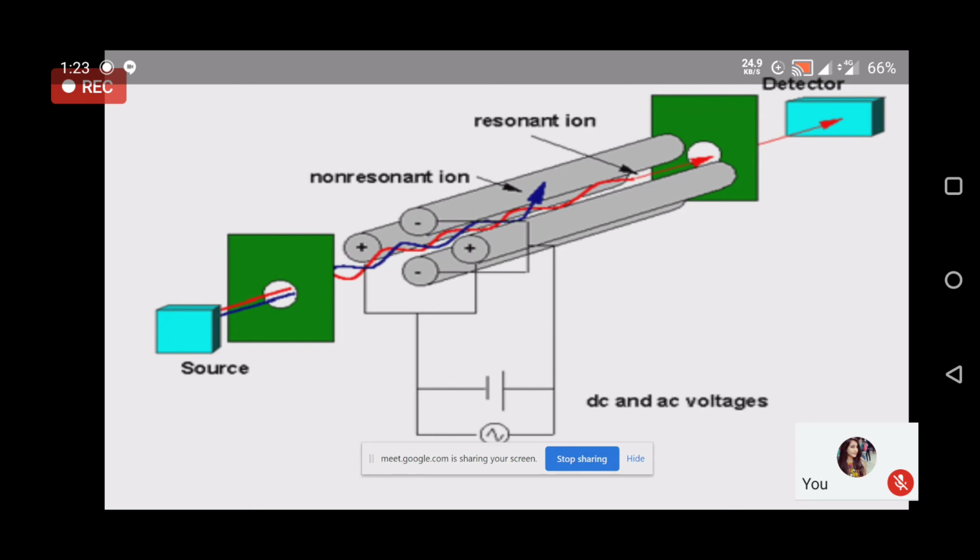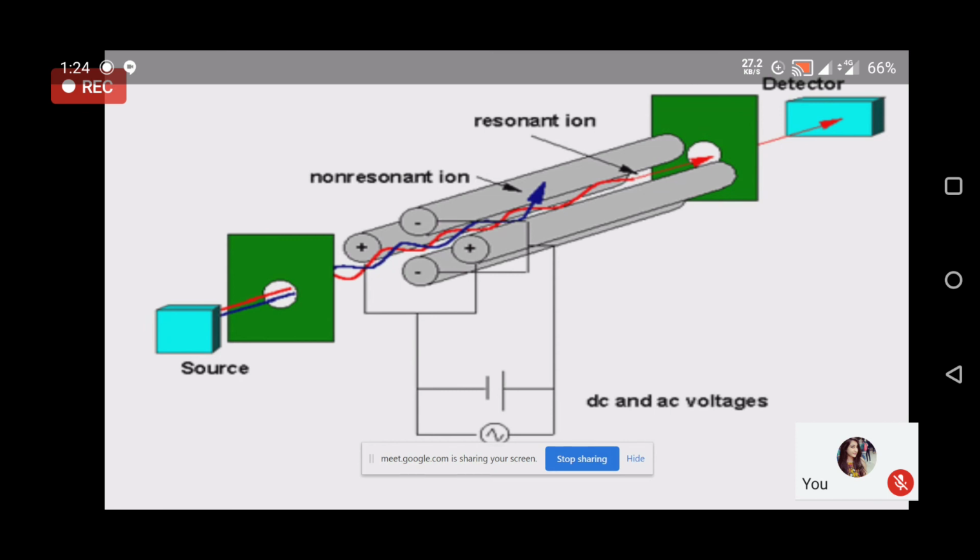And if you change that, then it is quite possible that other m/z under those new conditions will be able to move through the channel and reach the detector. So what the magnetic field did in a single sector analyzer, the same thing is done over here.